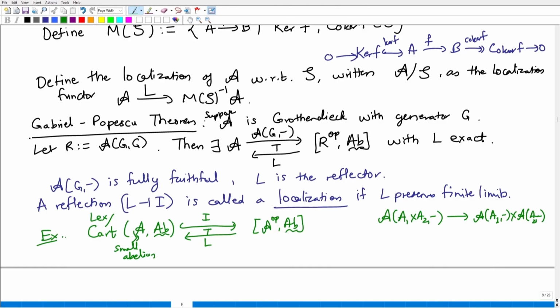So you have to take the orthogonality class with respect to such things. Then you also encode, and this is a small set, obviously, because A is small abelian, and that's how you construct this kind of localization. Okay, we will use it next time. Let's stop.